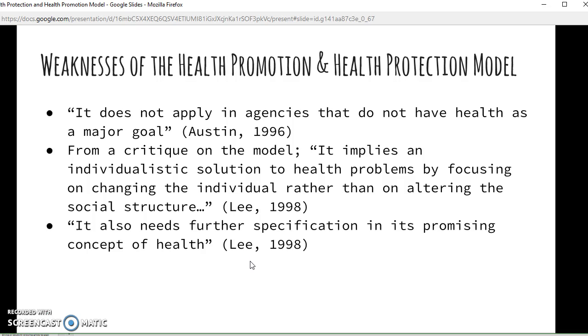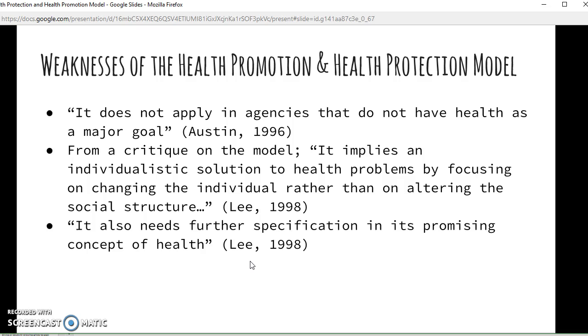So we can see that it does have strengths, and it does have good outcomes when working with the client. A few of the weaknesses. One, it does not apply in all agencies, or specifically agencies that do not have health as a major goal. And a second weakness, and this comes from a critique on the specific model, the writer says that it implies an individualistic solution to health problems by focusing on changing the individual rather than on altering the social structure.